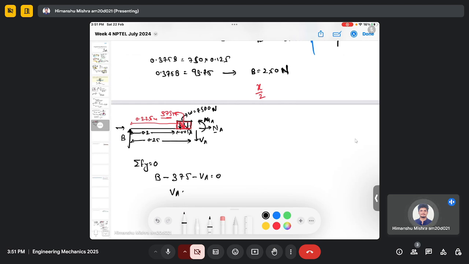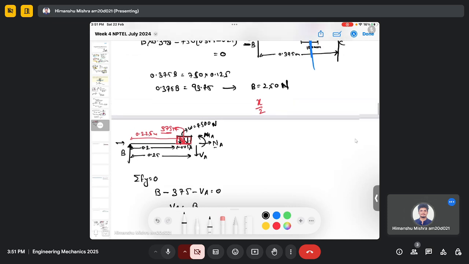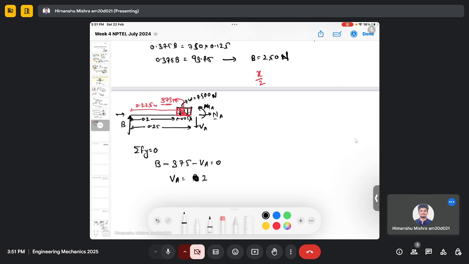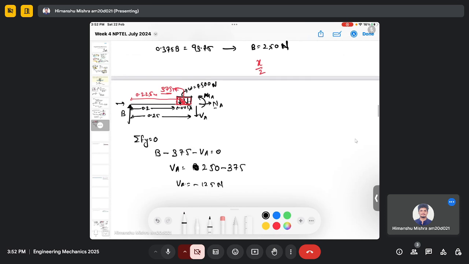So my VA will be B, which is 250, minus 375. So VA will be minus 125 Newton. So let it be minus only. We will consider minus. I am not changing the sign.